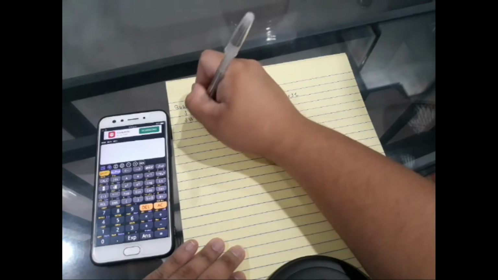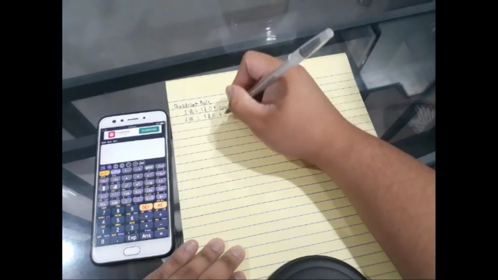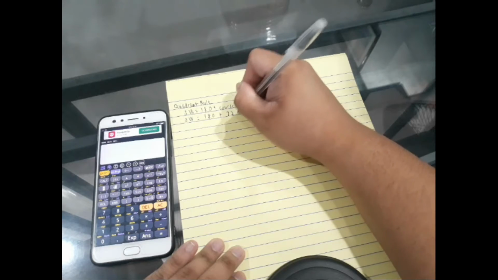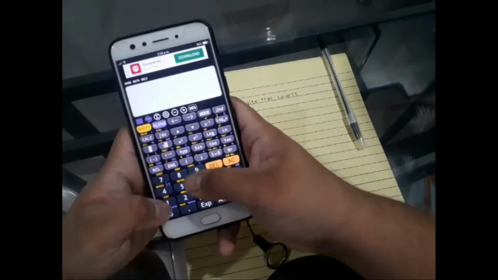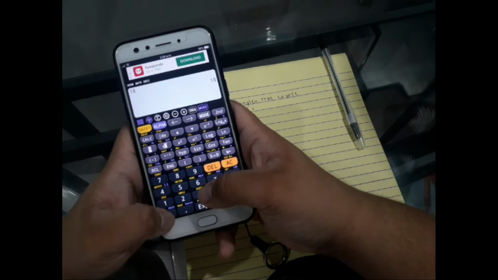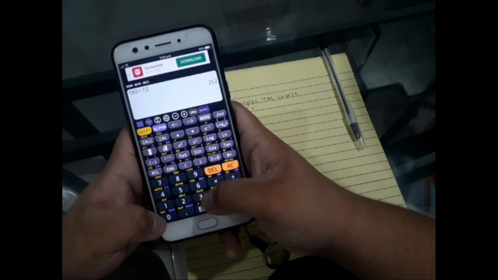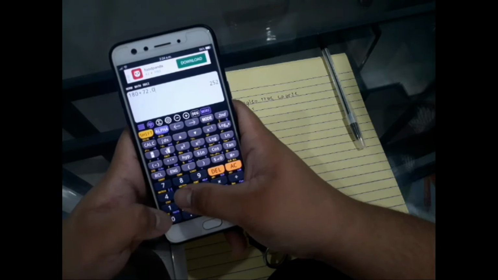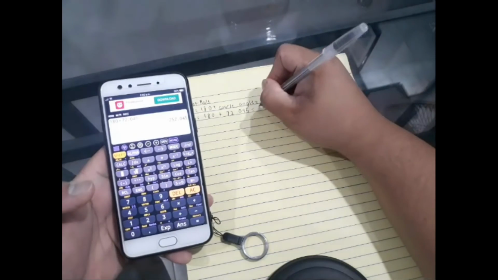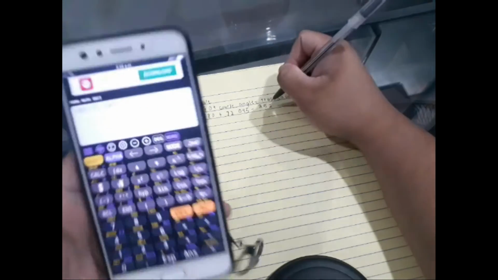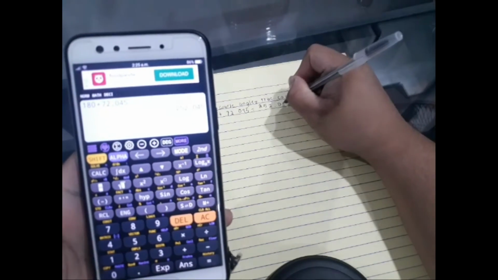So SW, 180 plus, of course, our course angle is 72.045, is equals to, we're gonna calculate 180 plus 72.045 is equals to 252.045.